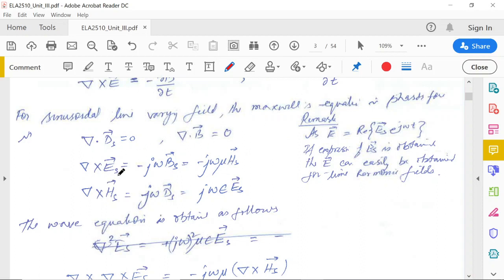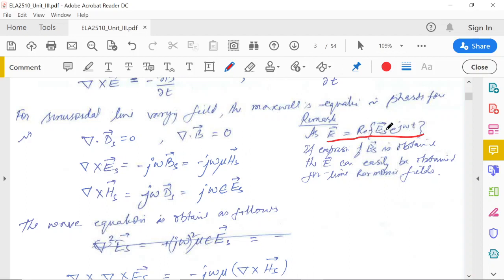For these time harmonic fields, we have the phasor forms. That is, any time varying field can be represented in terms of its phasor form. So you have fields which are time varying, time harmonic, and you can represent them in phasor form like this: the real part of Es e to the power j omega t.